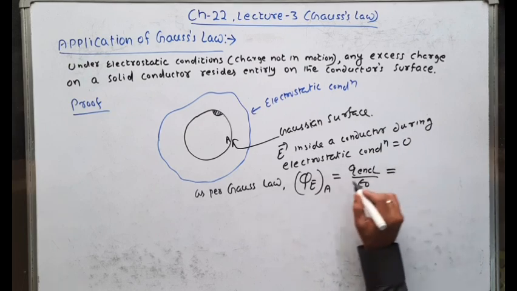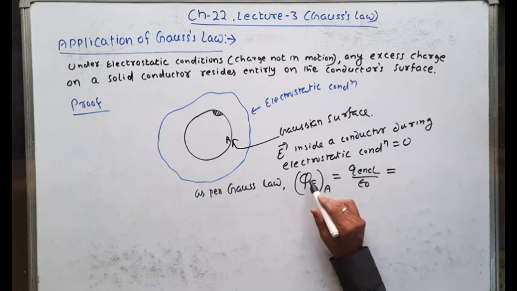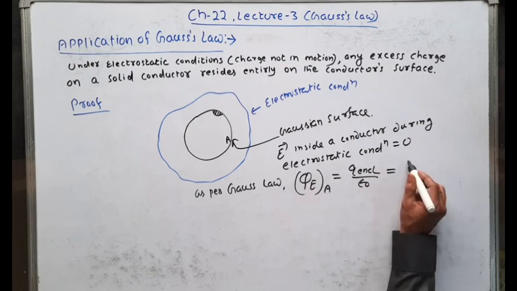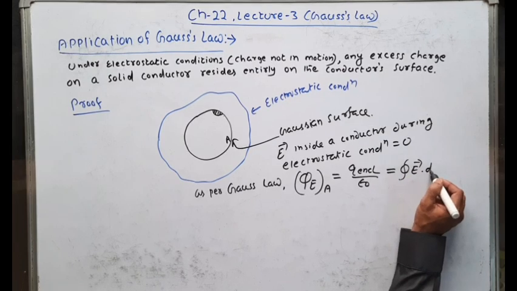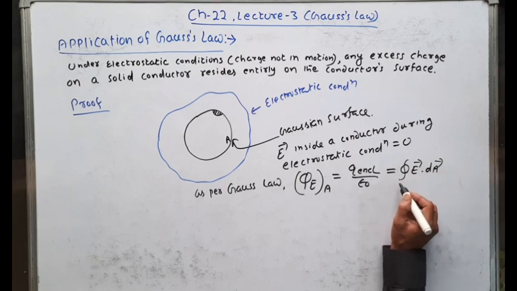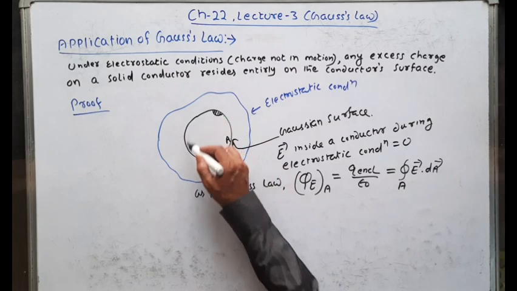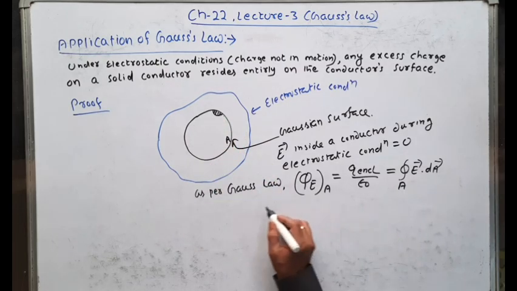But mathematically, electric flux is nothing but the surface integral of the electric field intensity over the Gaussian surface. Here A is the Gaussian surface.